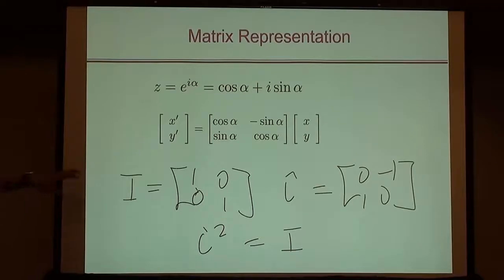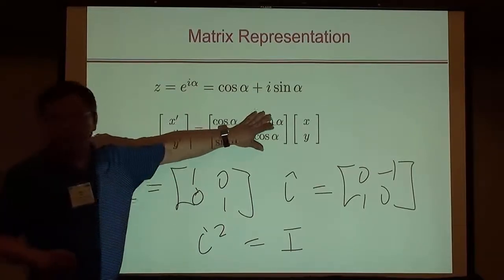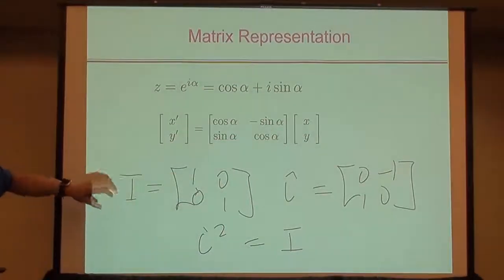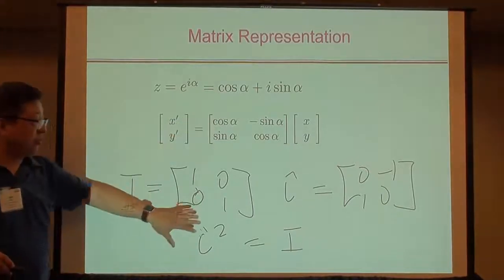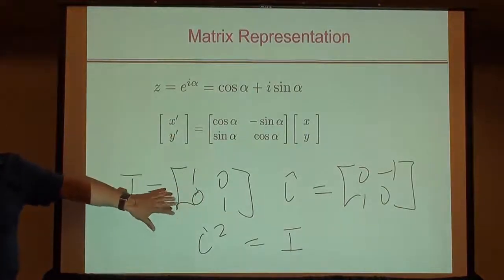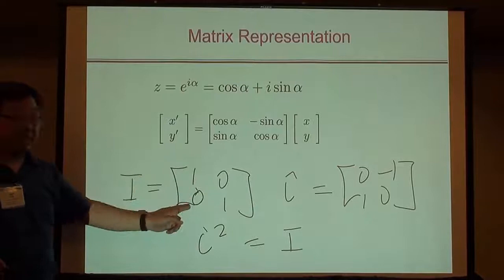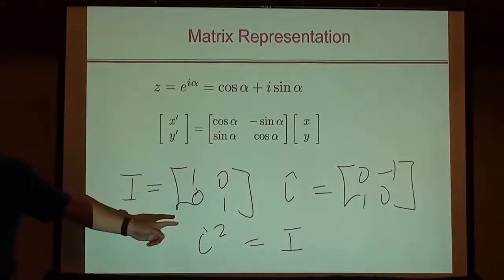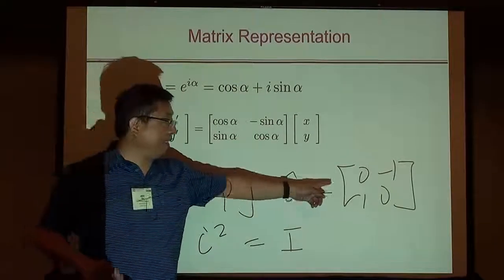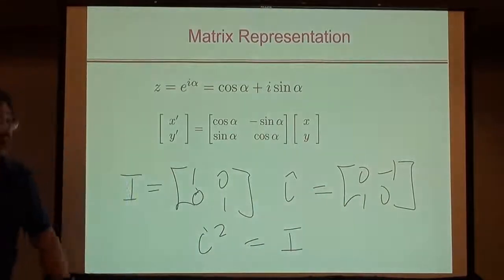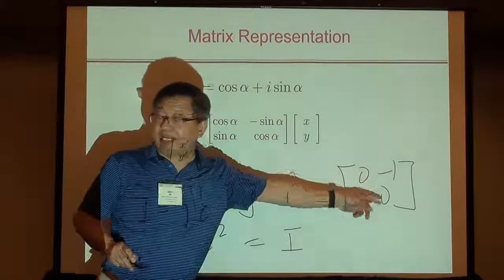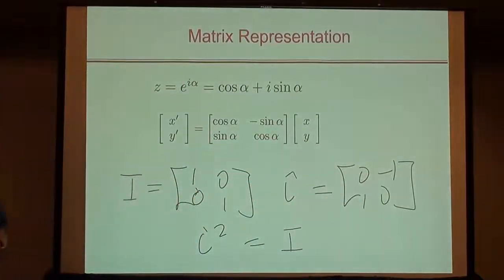It turns out that if you look at this matrix, it can be decomposed into two parts. One has a basis of the identity matrix, and the other one has a basis of 0, 1 and -1, 0. It's a skew-symmetric unit matrix.